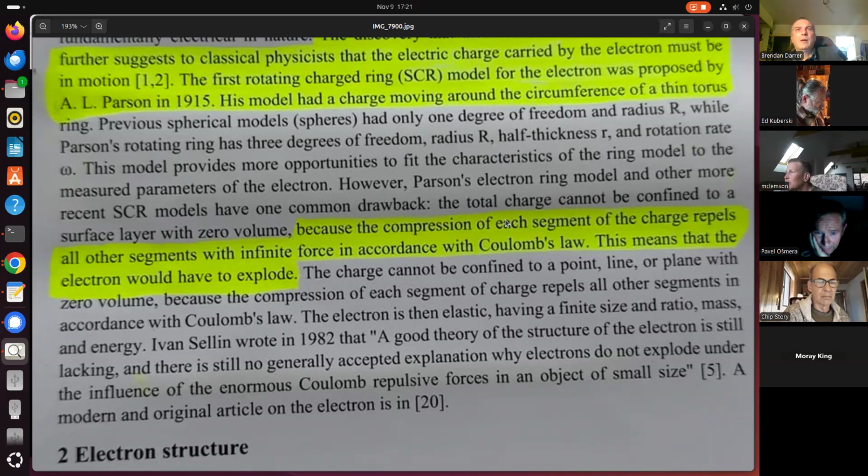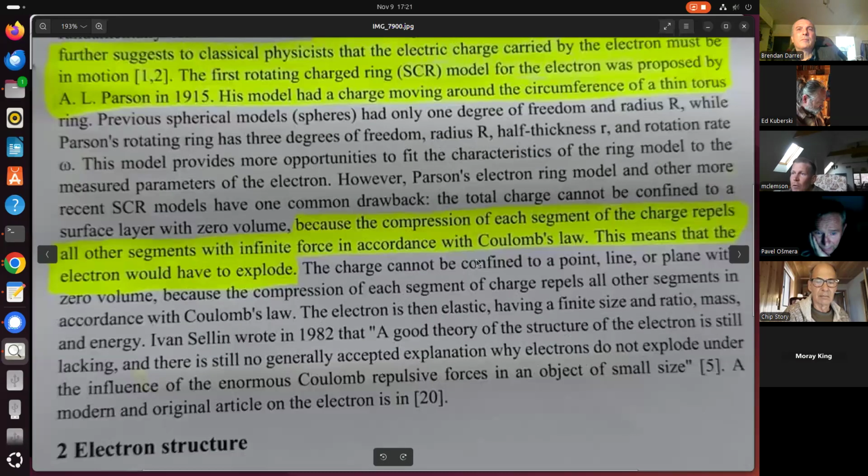However, Parsons' electron ring model and other recent SCR models have one common drawback. The total charge cannot be confined to a surface layer with zero volume because the compression of each segment of the charge repels all other segments with infinite force in accordance with Coulomb's law. This means that the electrons would have to explode.